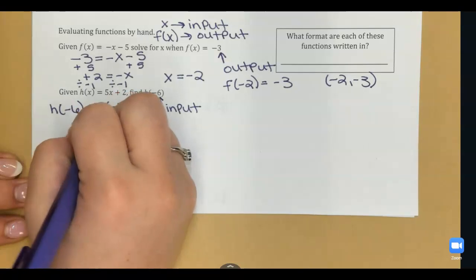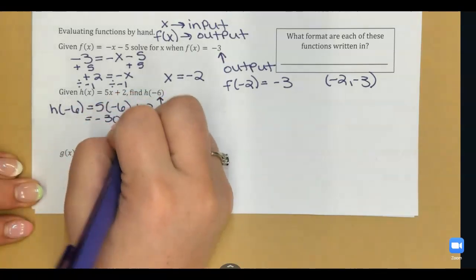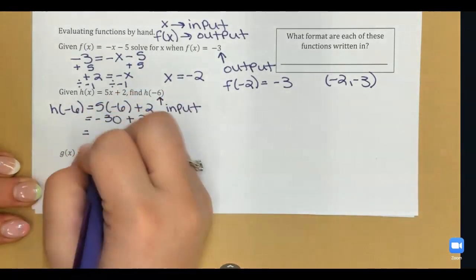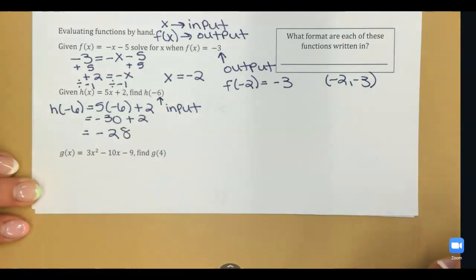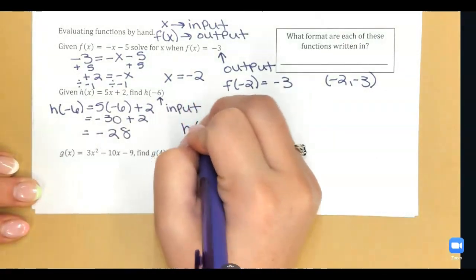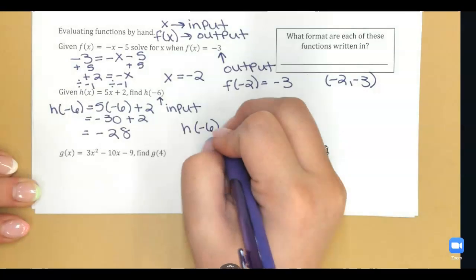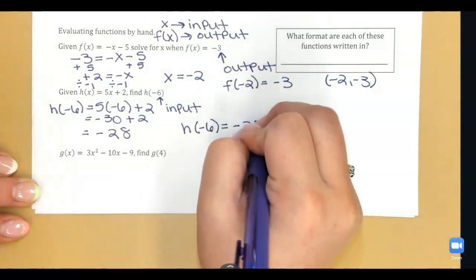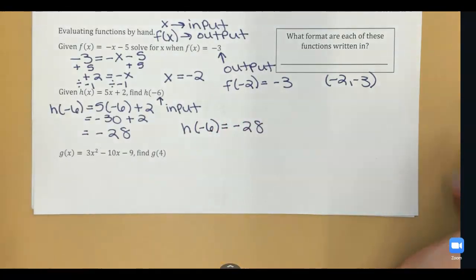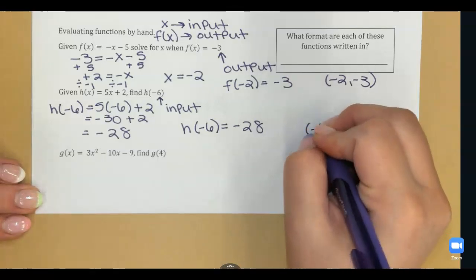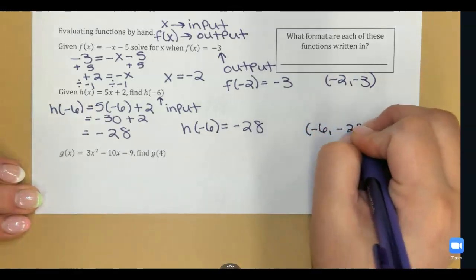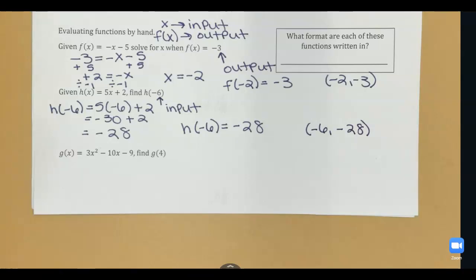Multiplication comes first. Now that I've got -30 plus 2, I can add those to get -28. So h of -6, when -6 is my input, I get an output of -28, which means somewhere on my graph I would have the ordered pair -6, comma, -28.